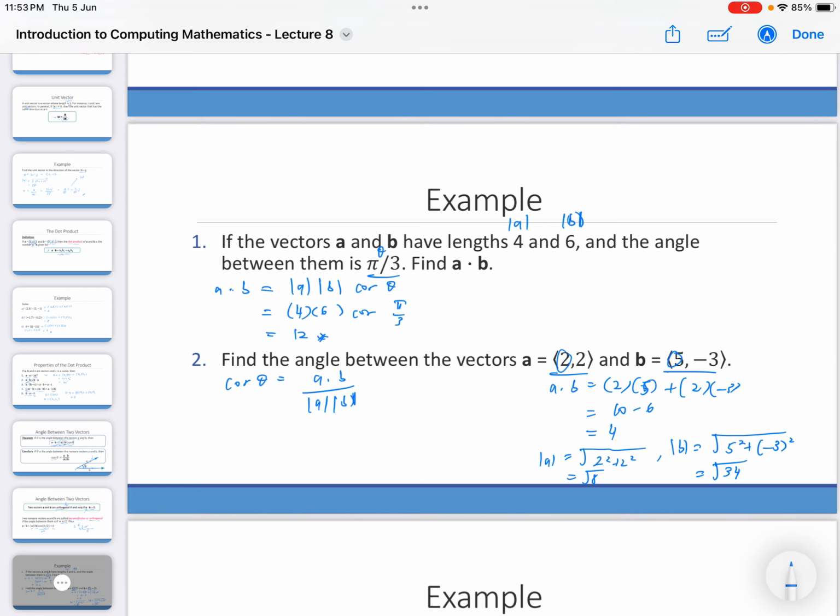Okay, and then we use this formula: cos theta equals A dot B, which is 4, divided by square root of 8 times square root of 34. So we get cos theta equals 0.2425. So theta equals cos inverse of 0.2425, so we get 75.9638 degrees.